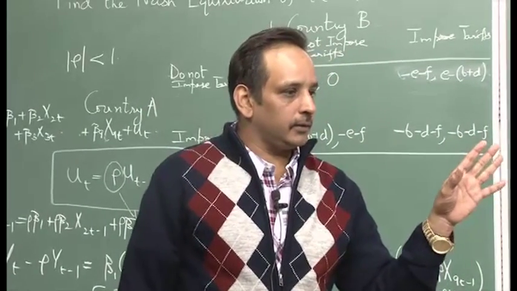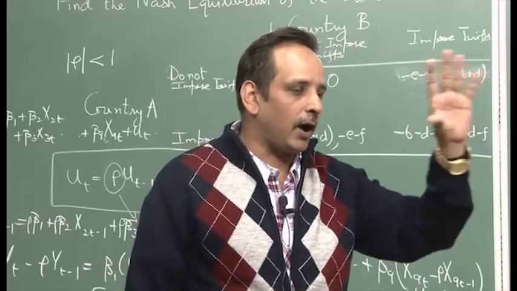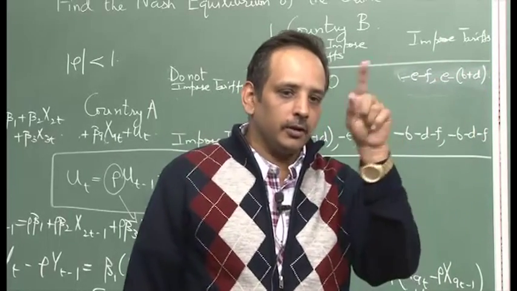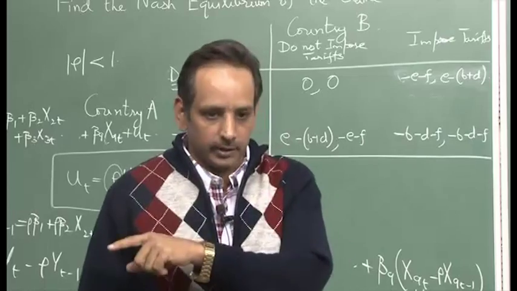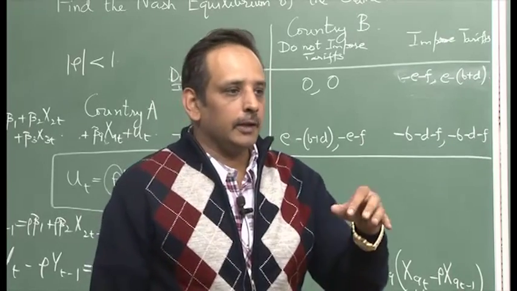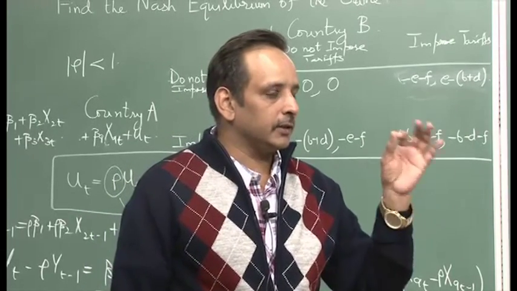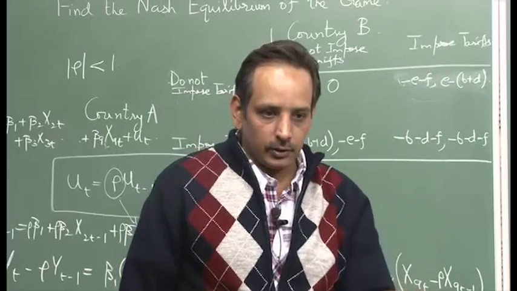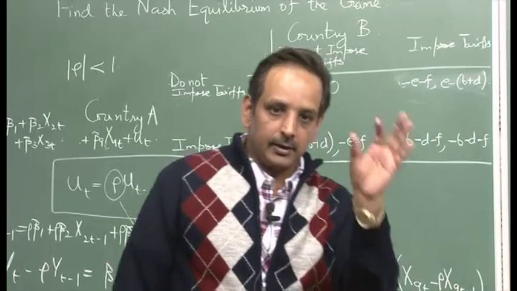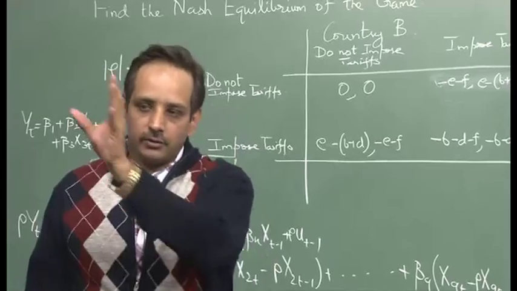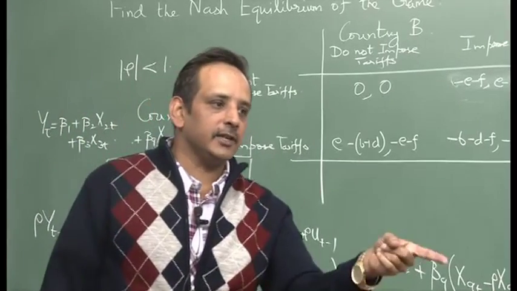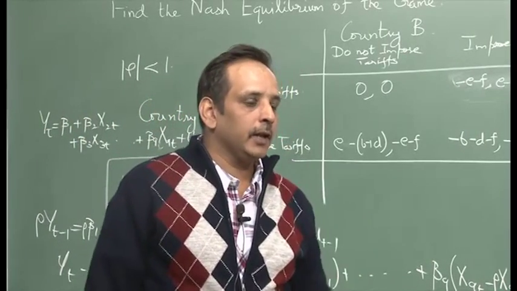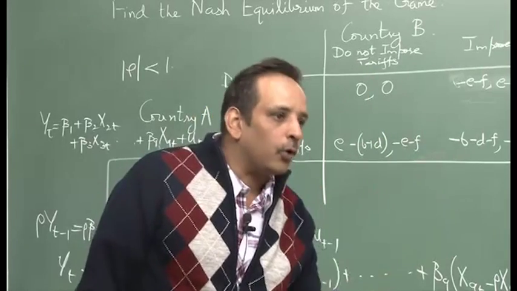So this is step 1: take rho as 0, regress yt on all the explanatory variables, get the estimates, and find out the residual series et. You have the et series, you have the et minus 1 series, regress et on et minus 1. That will be an estimate of rho.